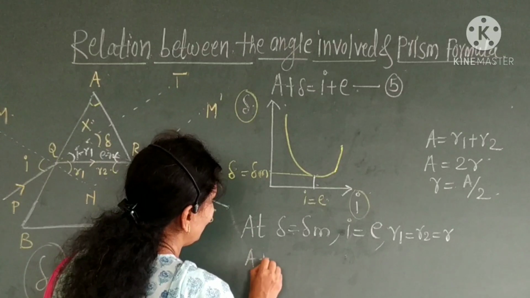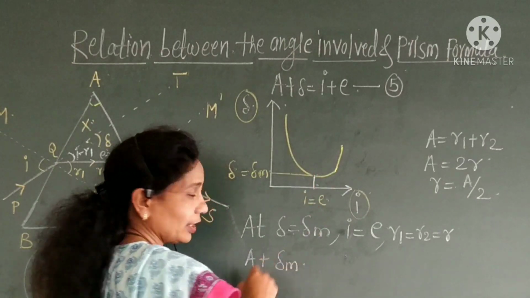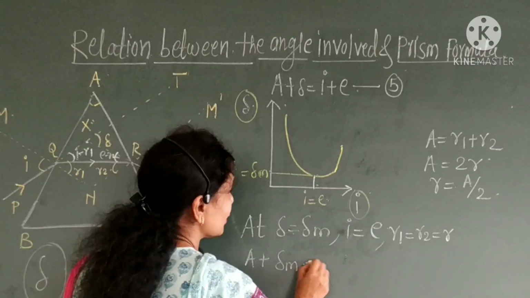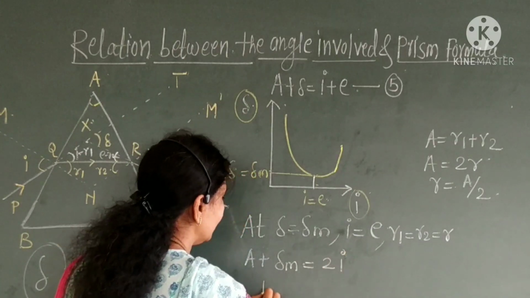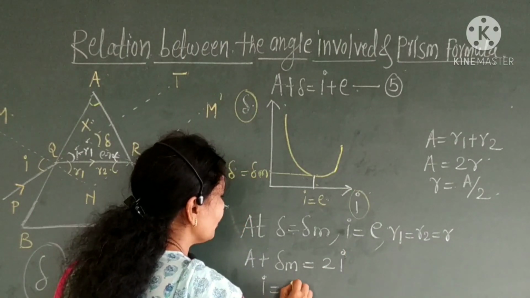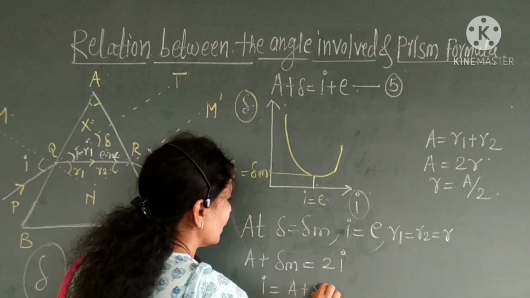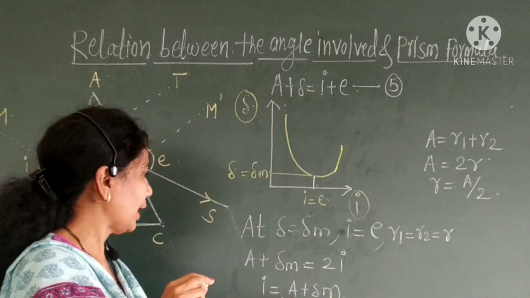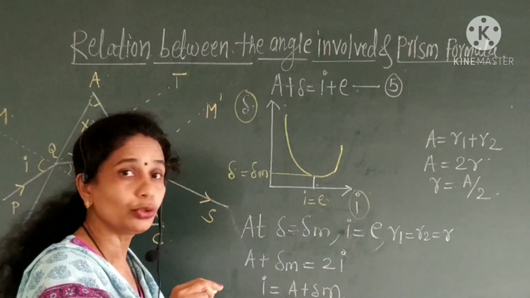A plus delta M is equal to I plus I, it is 2I, and therefore I is equal to A plus delta M upon 2.